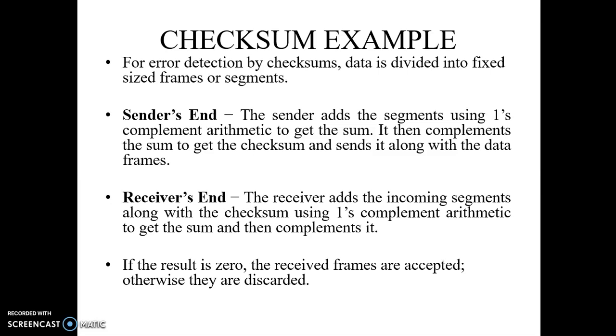If the result consists of 0, then it is considered an error-free message, meaning the message sent from the sender side is the correct one we have received at the receiver end. Otherwise, if it is not 0 at the receiver end after the ones complement, then it is considered a mismatch, or it is not the correct data that the sender sent from their end.